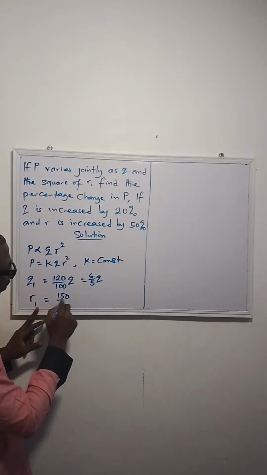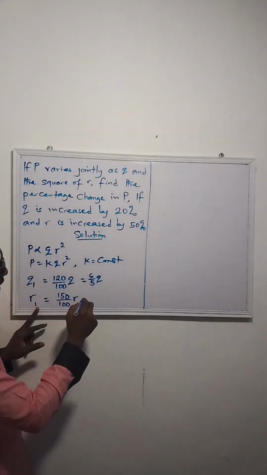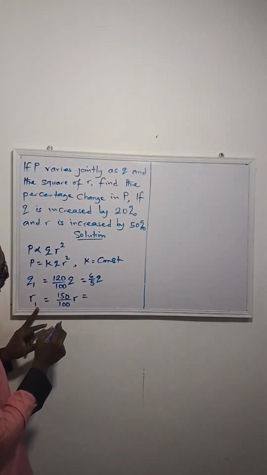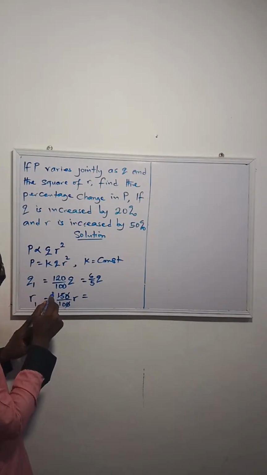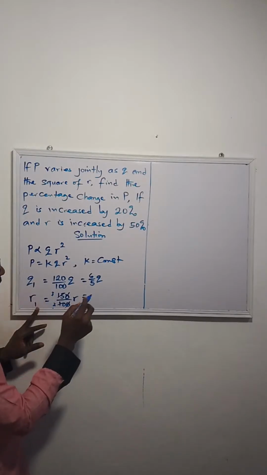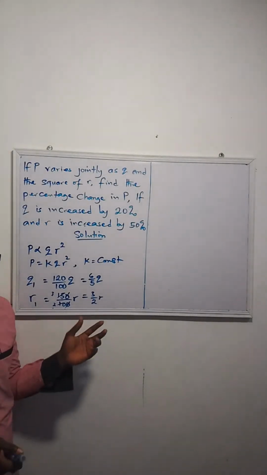So it will be 150 over 100 R, and that is going to give you 0 cancels 0. Now 5 goes here 3 times, 5 goes here 2 times. So we have 3 over 2 R. So this is what you are expected to get.